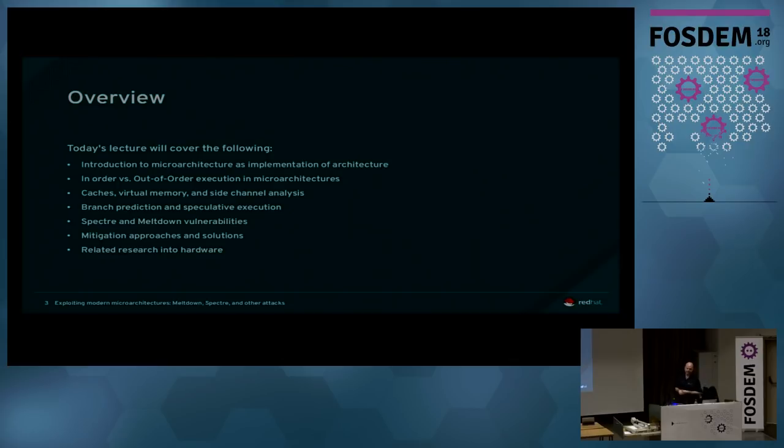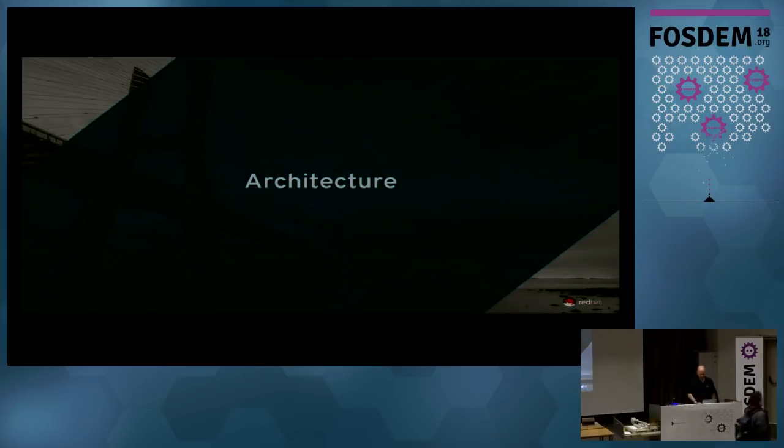I'll talk about side channel analysis, which is an interesting topic in itself. And then I'll look at the actual vulnerabilities that you've seen, the mitigations we have for them, and then finally some related research into hardware exploits that maybe you have not seen before.